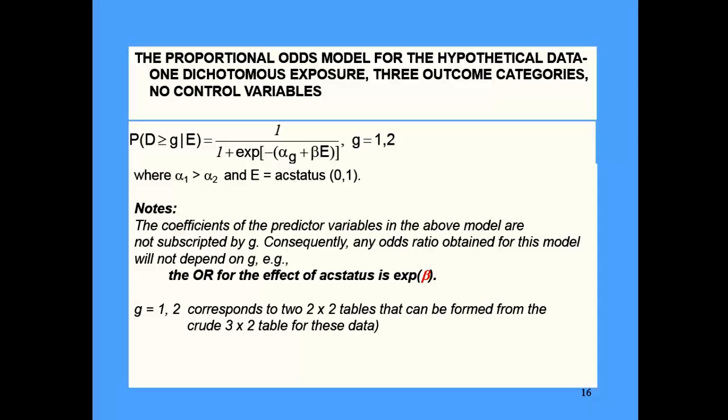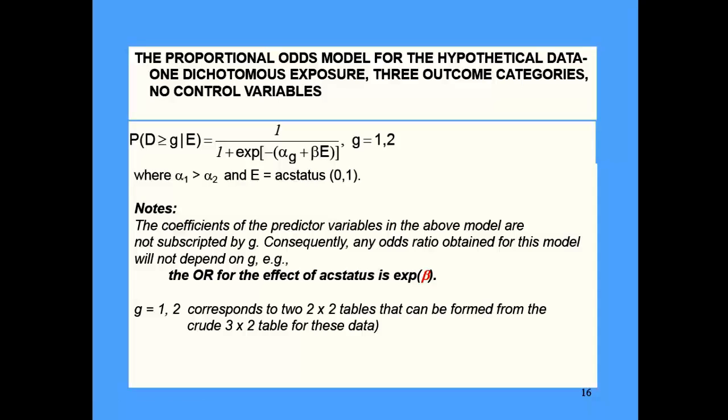The g has to do with the number of ordinal categories you have, and the g stands for the g-th category. So this formula is similar, but not exactly the same. That's one of the differences. The other difference is on the left side. It doesn't say probability D. Remember when it was binary?